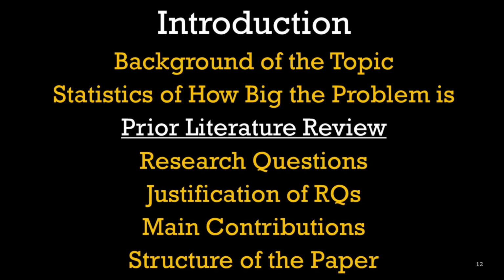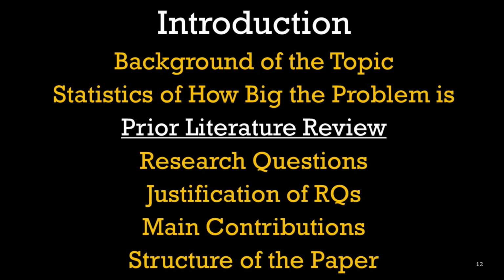If we look into the introduction section of a systematic review paper, you could talk about the background of the topic, give an introduction to your area, and give some statistics on how big the problem is that you are addressing in your systematic review.